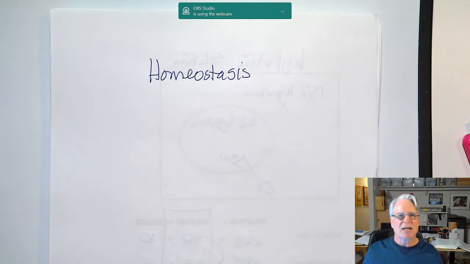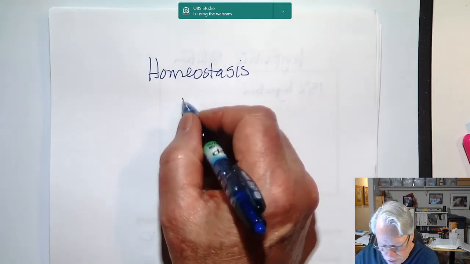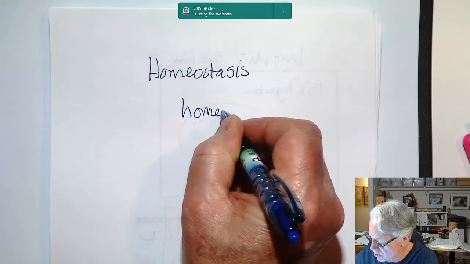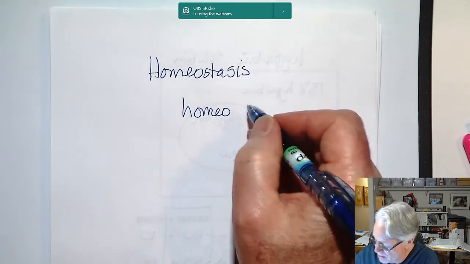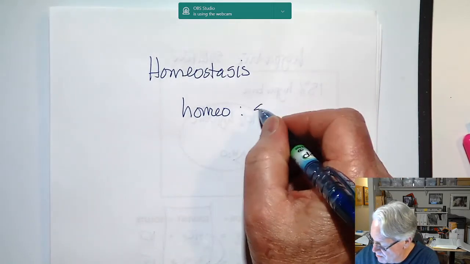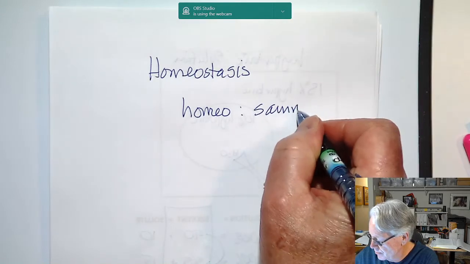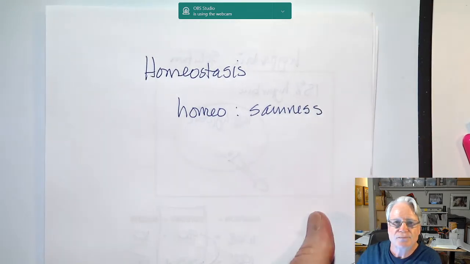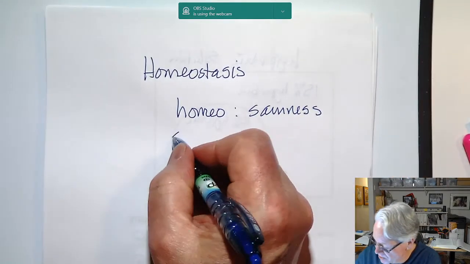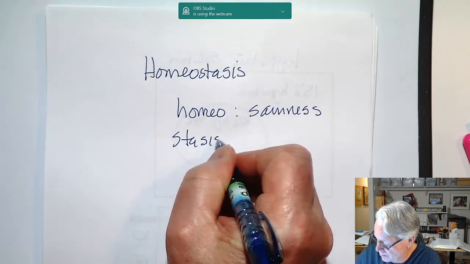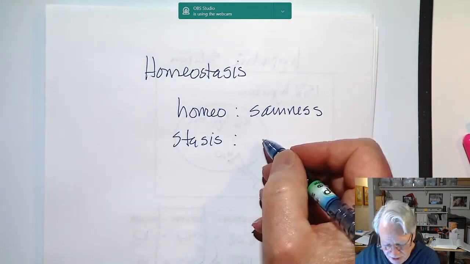So let's define this term homeostasis. We'll begin with breaking down the word itself and seeing if that gives us any information. This word is composed of 2 terms, homeo, which means sameness, and stasis, which means standing still.